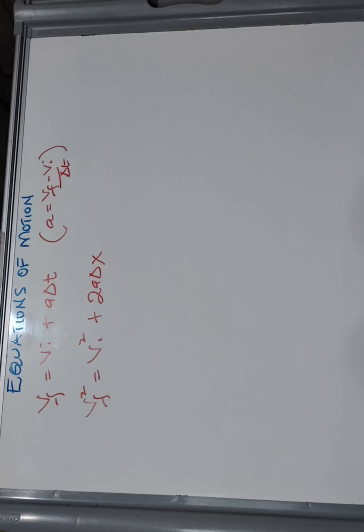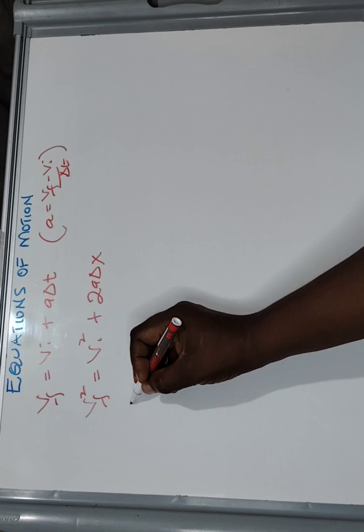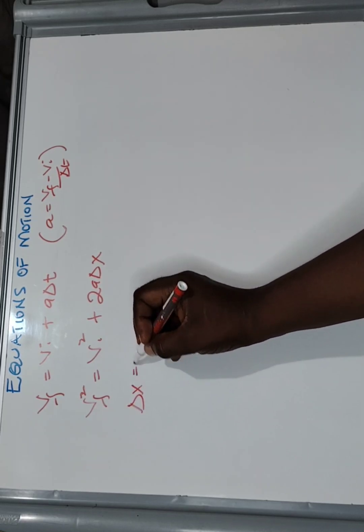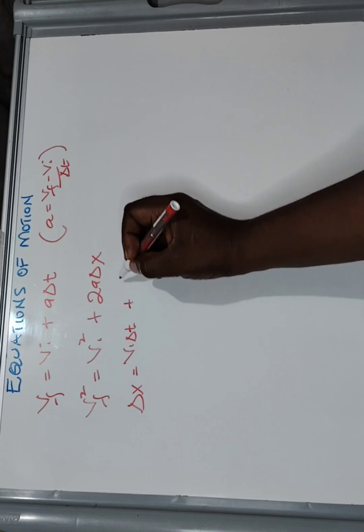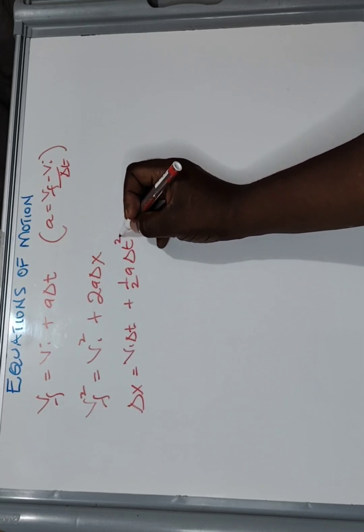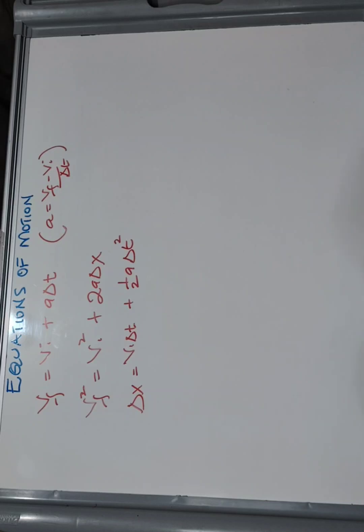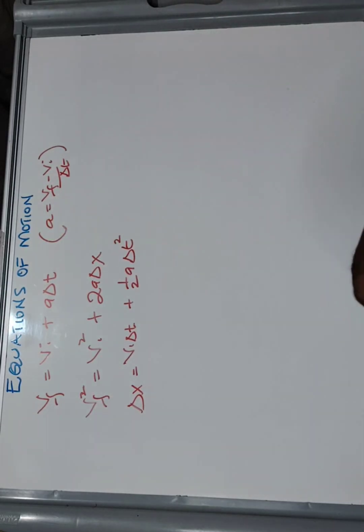Okay. The next equation says delta X is equal to Vi delta T plus a half A delta T squared. Now, these equations have one thing in common for all of them. They have acceleration.